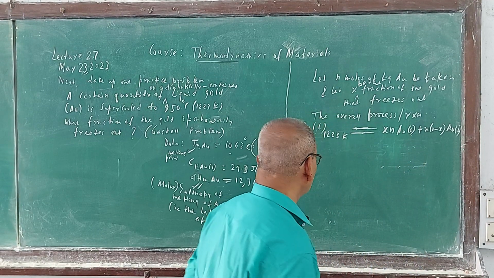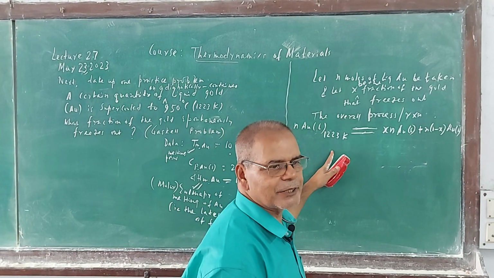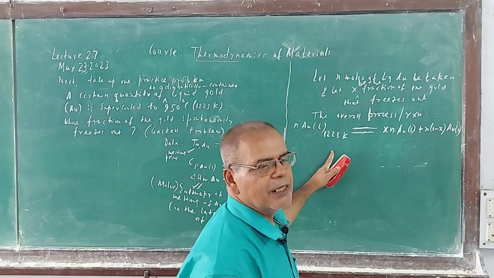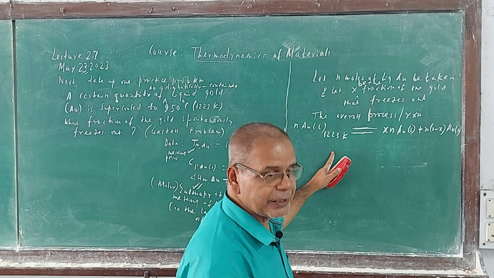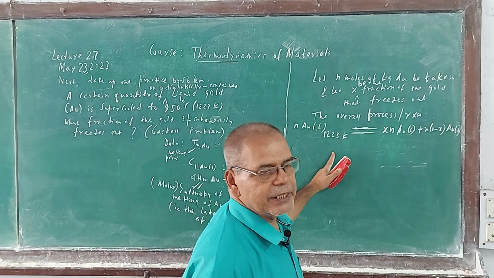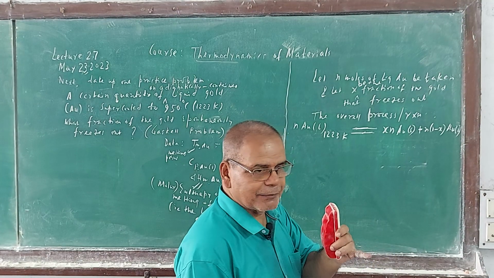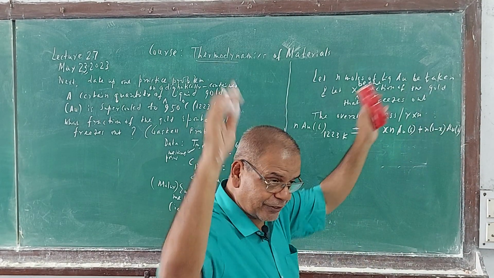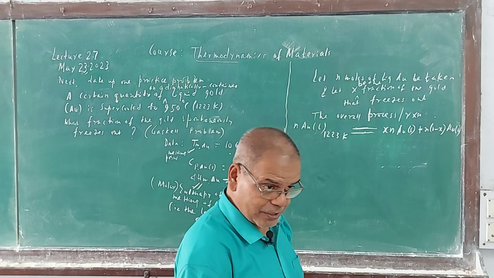You start freezing. The moment it freezes, heat is released. For melting, heat has to be absorbed, input, and here it is released, output. Since it is an adiabatic system, heat is not transmitted to the surroundings, so the heat will raise the temperature of the system.